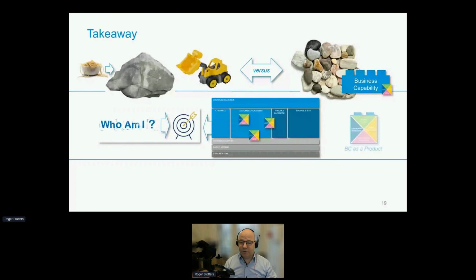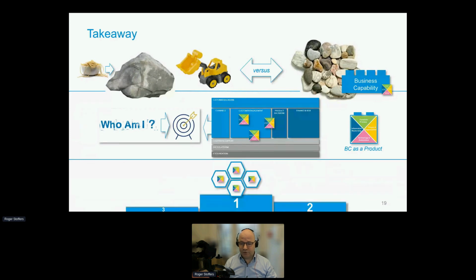And we can treat business capabilities like products, a cohesive unit, which cannot be split, which consists of people, processes, automation, and information. And hopefully we can organize in an effective working method like DevOps or holacracy to really give that decentralized decision power. And then we can make sure that the teams support those business capabilities.